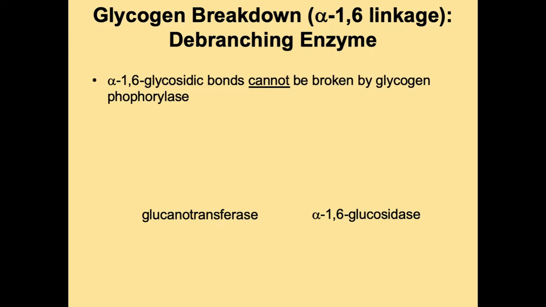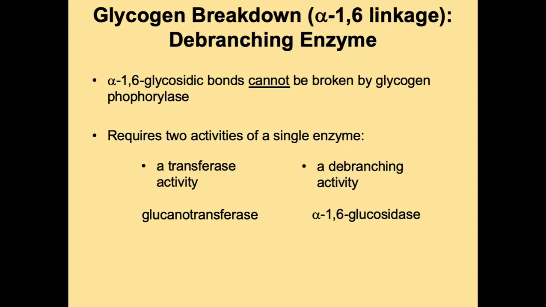But we also need to break down the alpha-1,6 linkages, and this is done by a different enzyme called a debranching enzyme. Glycogen phosphorylase cannot do this, so it is performed by another enzyme.